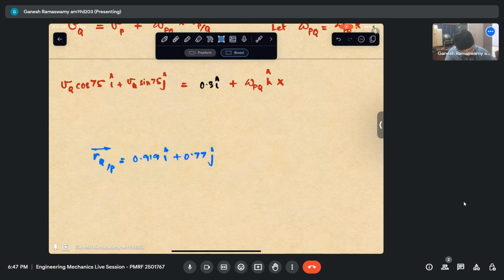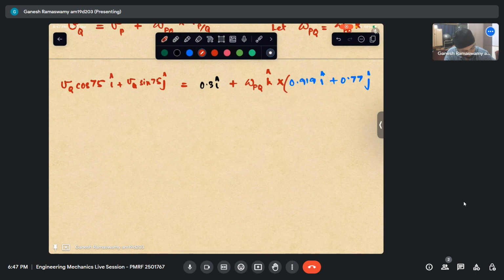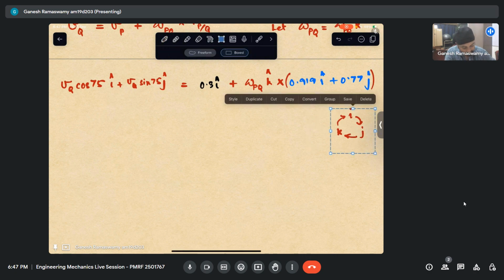So this is my vector that comes in the cross product. Now it is just a matter of grouping and solving. So we know if this is i, j, k, if it goes around in this direction, it will be positive. If it is the other direction, it will be negative. So with that in mind, can we just solve this?